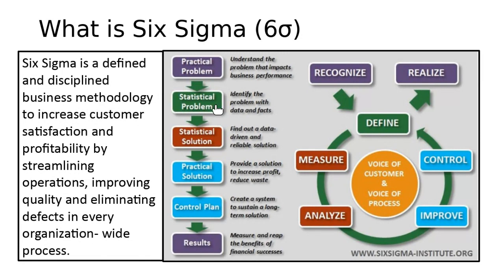Then the statistical problem will be converted to statistical solutions, also using statistical tools like design of experiments or control charts or other tools that help you find the statistical solutions you need to apply. That statistical solution is converted to a practical solution, where the process has to be adapted to these changes to perform under the new statistical solution.